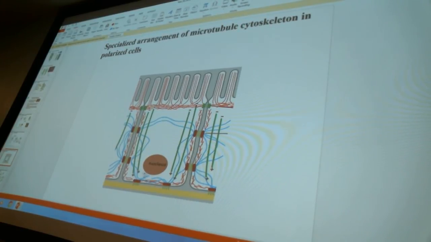The plus ends are now pointing toward the basal lamina of the cell, or toward the basal part of the cell, whereas minus ends are pointing toward the apical part of the cells. And this arrangement also helps to promote various trafficking that happens within the cells, from the apical part to the basal part.